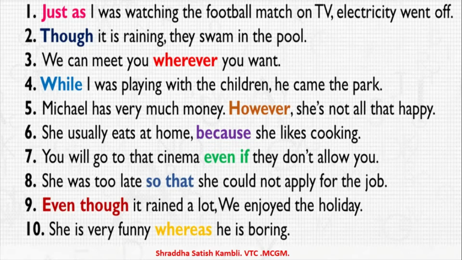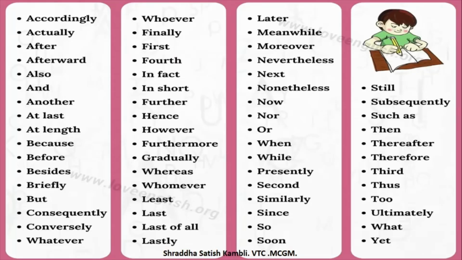Now let's take a look at a big, long list of conjunctions. You can pause the video here and read this list at leisure. There are many words here: accordingly, actually, after, afterward, also, and, another, at last, at length.